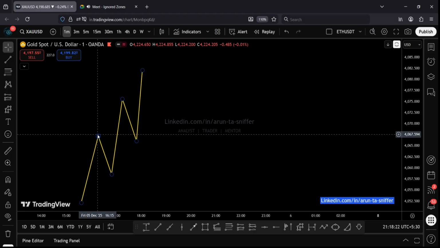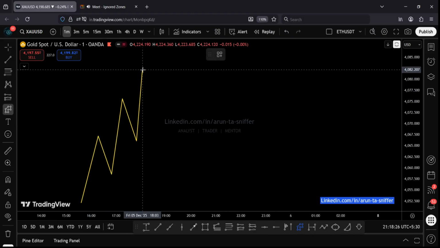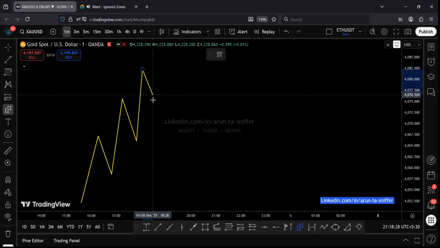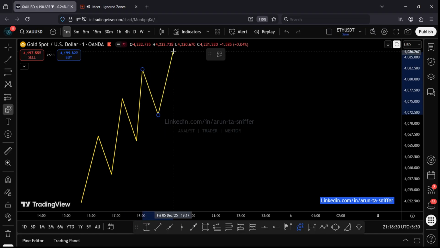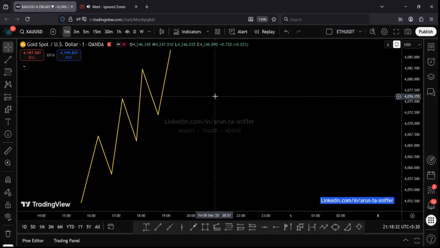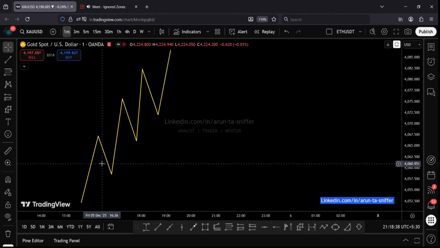So this is the first drive, the second drive, and this is our third drive. Price comes like this and goes back up, goes up again. In 3 drive structures, usually price is not compressed.